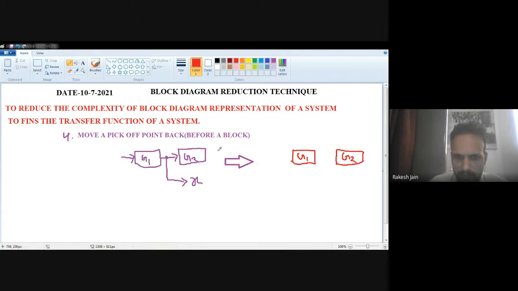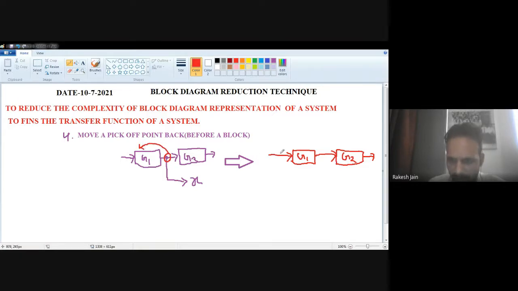Second block is G2. The diagram is same as the left hand diagram. I do not do anything till now. Now, I want to move this pick-off point before the block, before this G1 block.